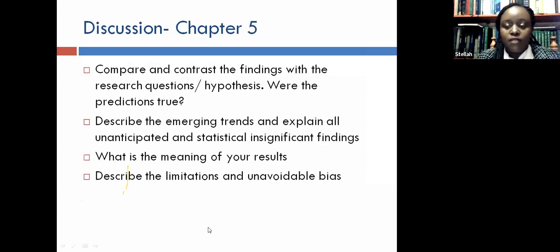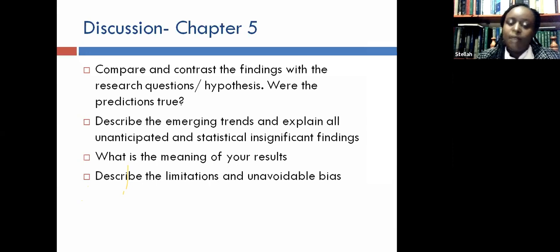Then once you have your results, finally, in your research paper, how you discuss also depends on whether it's quantitative or qualitative. For quantitative, you tend to discuss based on the research questions or the hypotheses. Remember, in your data analysis, when you were doing the ANOVAs and the t-tests, you tested your hypotheses. Now this is where you come and see: are you accepting or are you rejecting? You want to discuss every hypothesis one at a time.